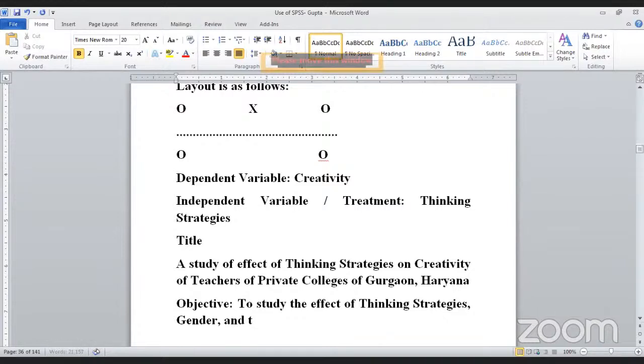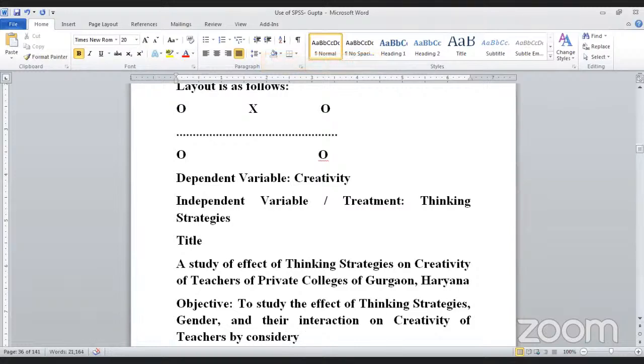And their interaction on creativity of teachers by considering pre-creativity as covariate.